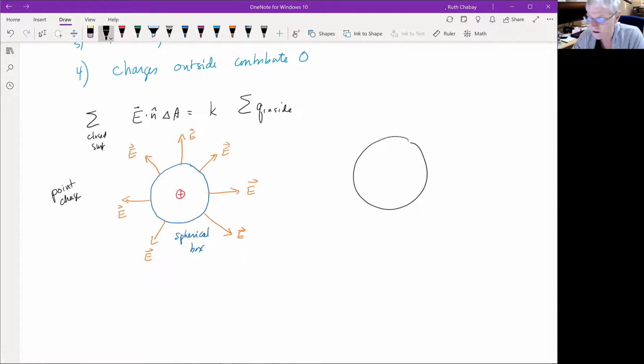Because if we have a sphere and we take a little tiny surface area here, here's n hat and here's E, and then we take a different little piece of surface area here, here's E and here's n hat. We can see by the symmetry of the situation that E is parallel to n hat everywhere.